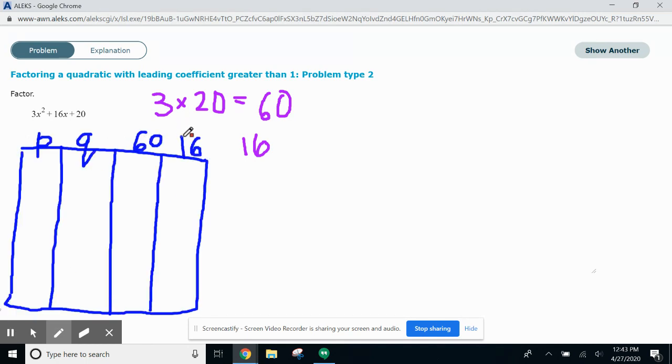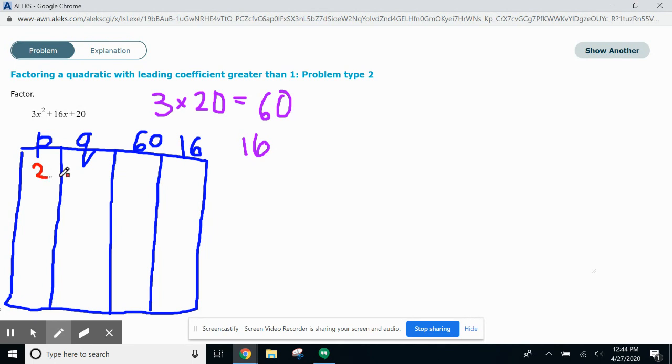So multiplying to 60, adding to 16. They're all positive, so that makes things nice. It means on any of these rows, I can put negative numbers that work to make positive 60 when I multiply, but not when I'm going to try to get positive 16 and positive 60. So in all these rows, I'm not going to try any negative numbers, which should cut some time off of this problem. So what are two things that make 60?